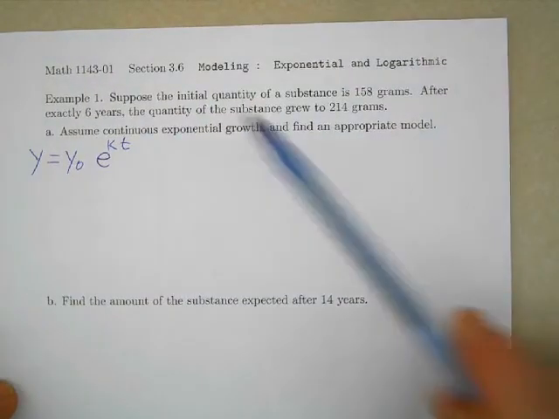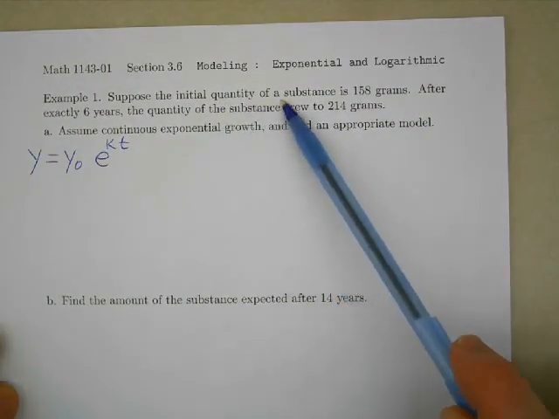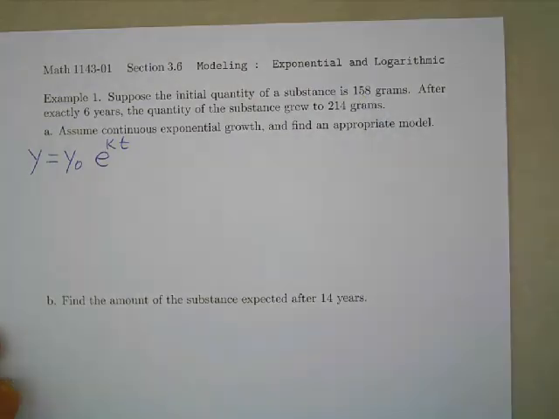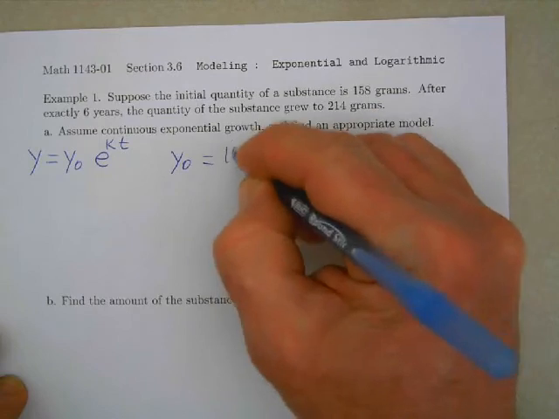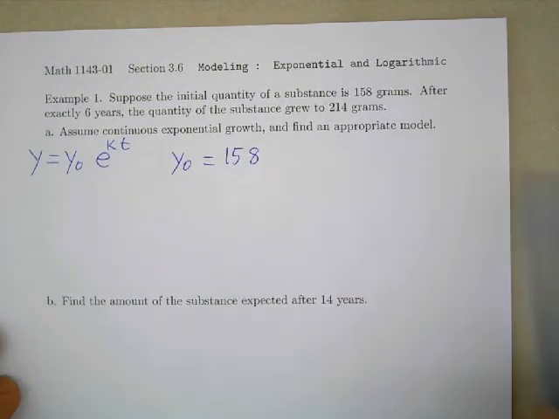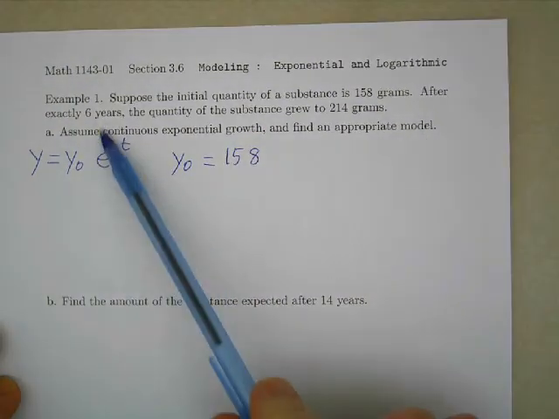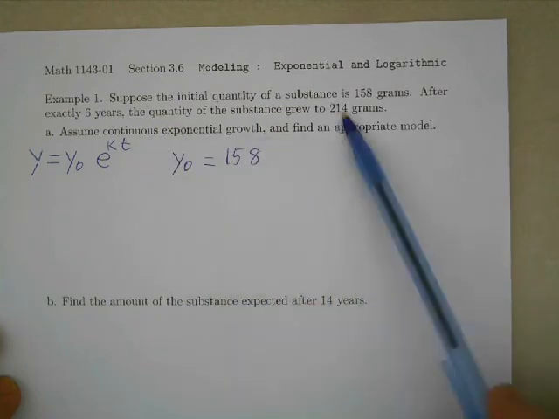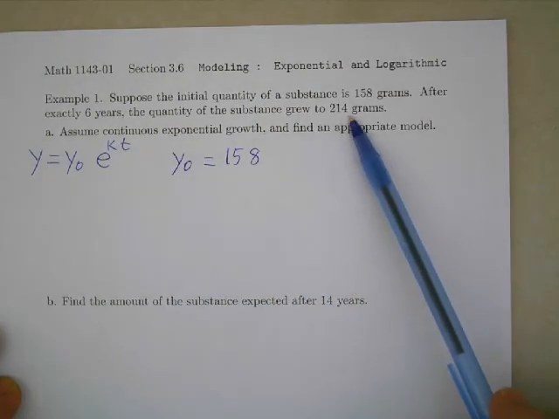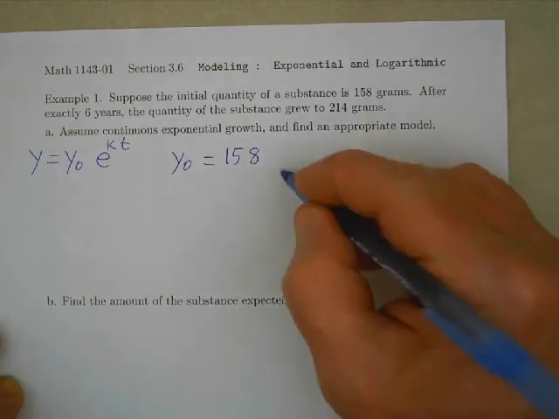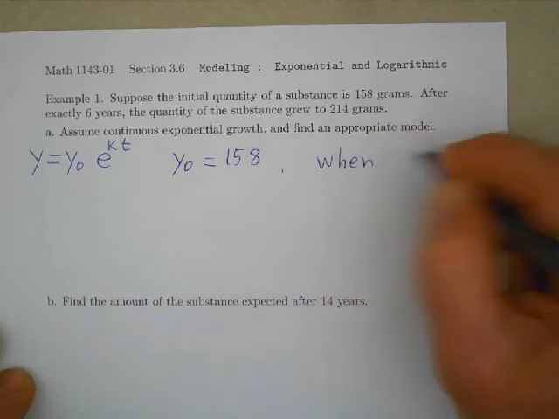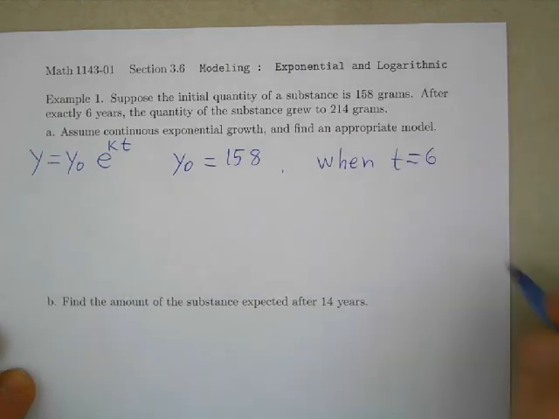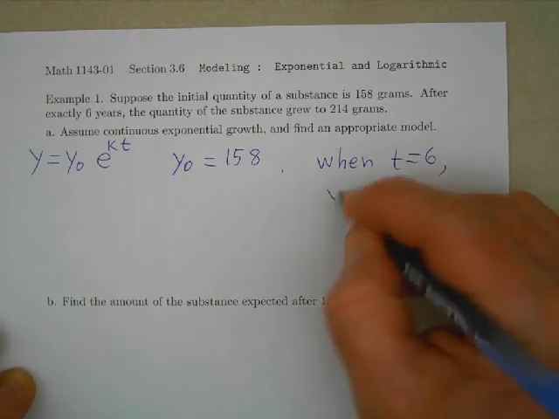And we're told that the initial quantity is 158 grams. So y sub 0 equals 158. And then we're told that after 6 years, the quantity of the substance grew to 214 grams. So in other words, we can say when t is equal to 6, y is equal to 214.